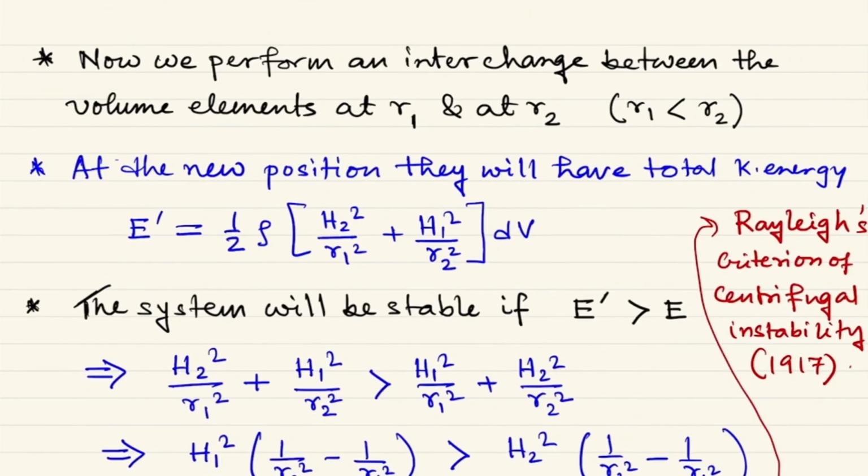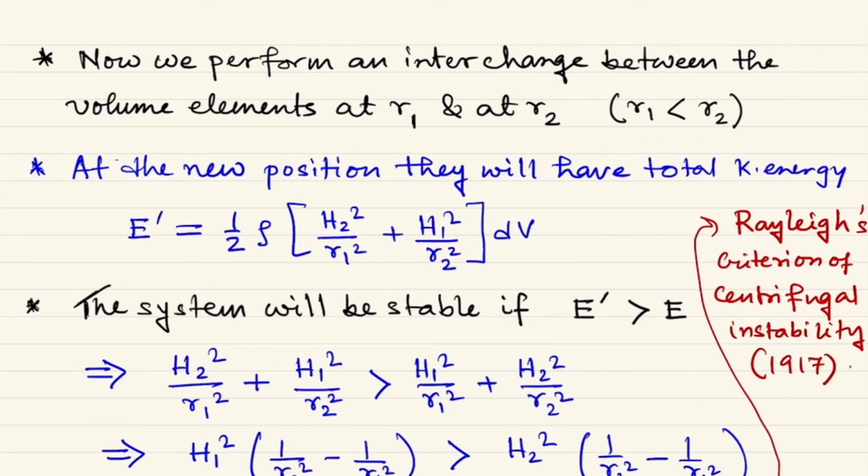Now we make an interchange of those two fluid elements. We pick the fluid element which was at R1 and put it at R2, and the one which was at R2 is now put at R1, where R1 is less than R2, in case you forget.